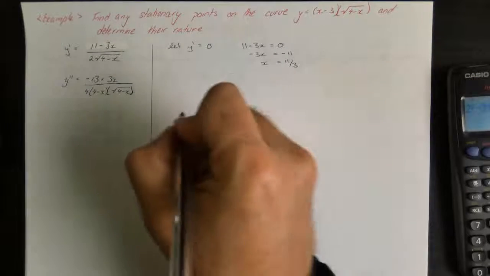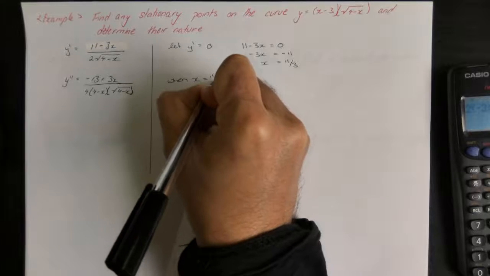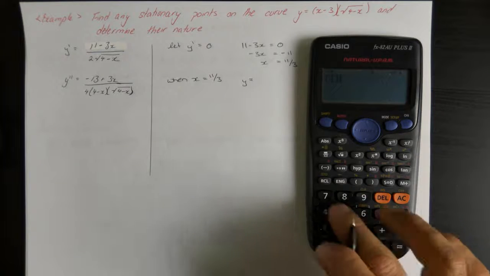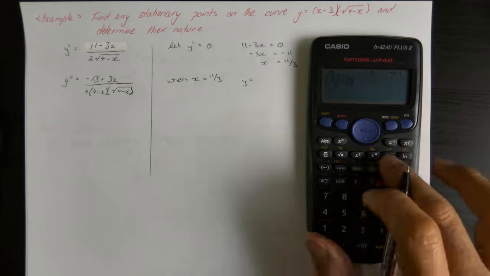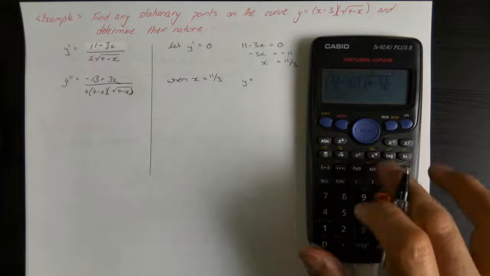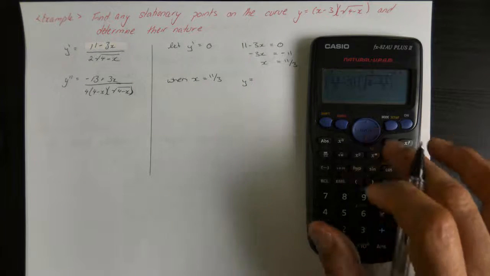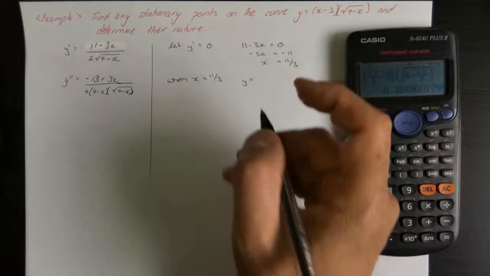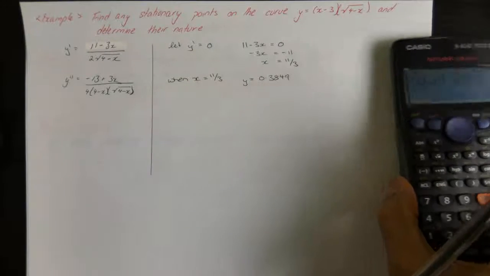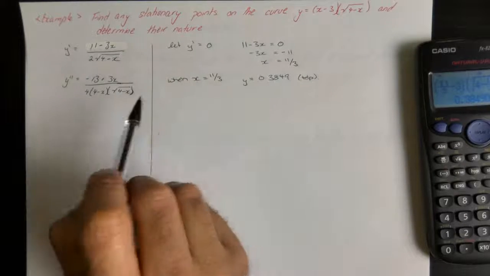So when x equals 11 over 3, y would be approximately 0.3849. Okay, that's just to figure out the point.